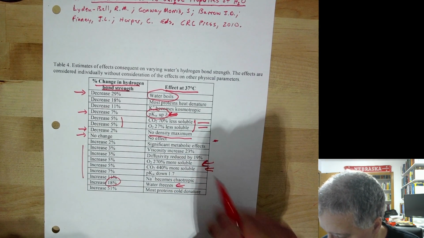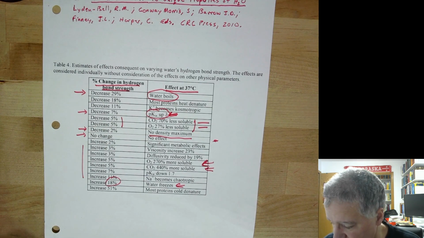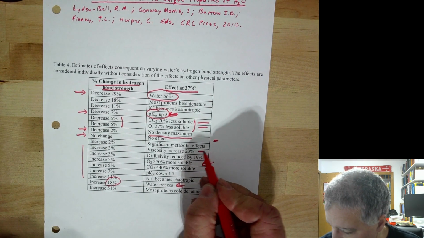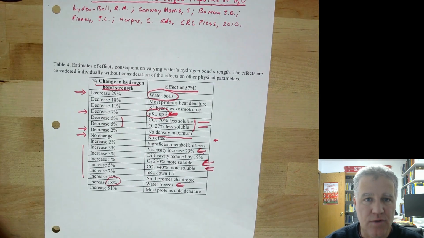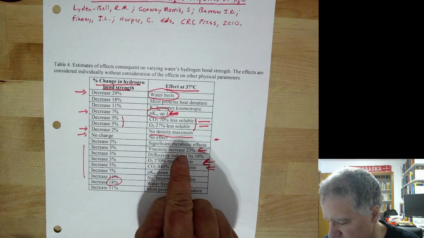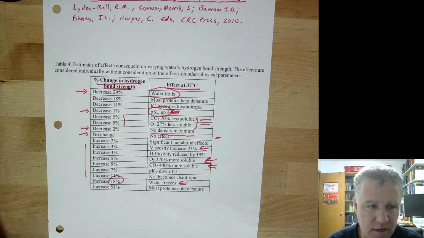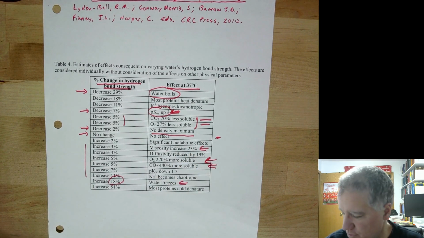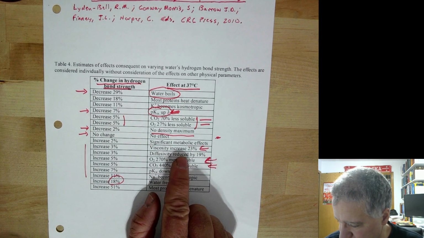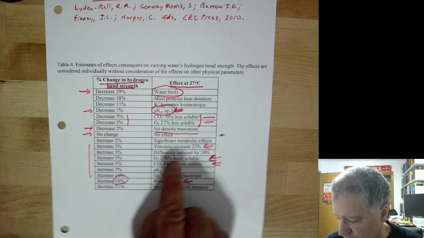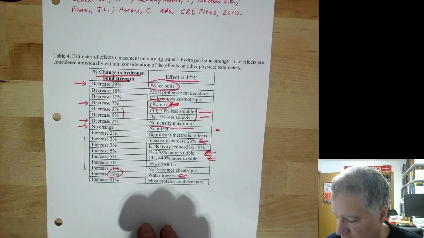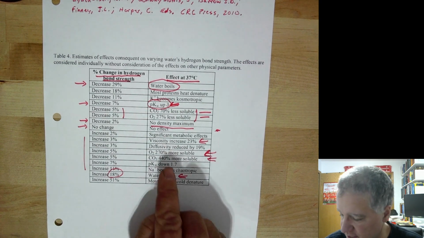Then there's viscosity. Water would flow more like, although I think it would still not be quite like motor oil, it would be harder to flow through things, more resistant to differential flow through various things.